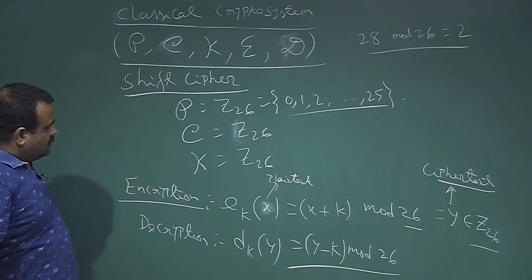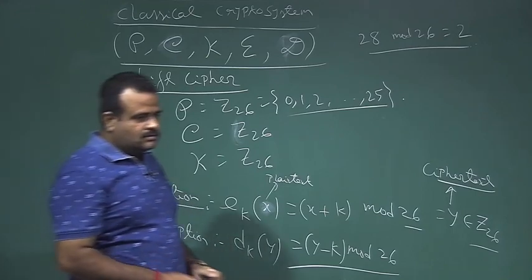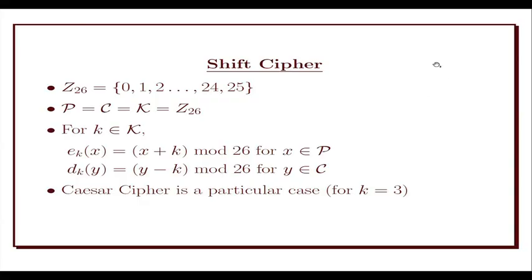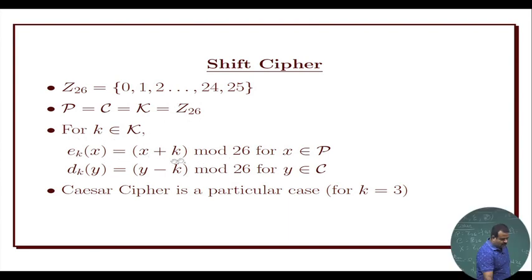Okay. So, this is the shift cipher. We are taking Z26, which is basically this set, and these are our plaintext, ciphertext, and key space. If we choose a key from this Z26, then for encryption we just add this key to the number and take mod 26.